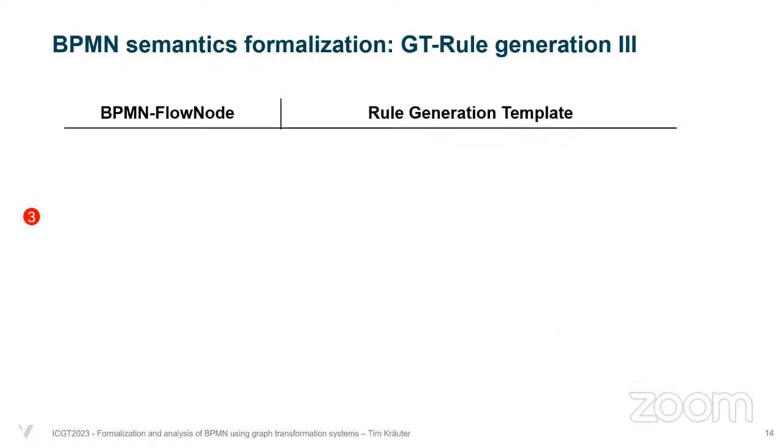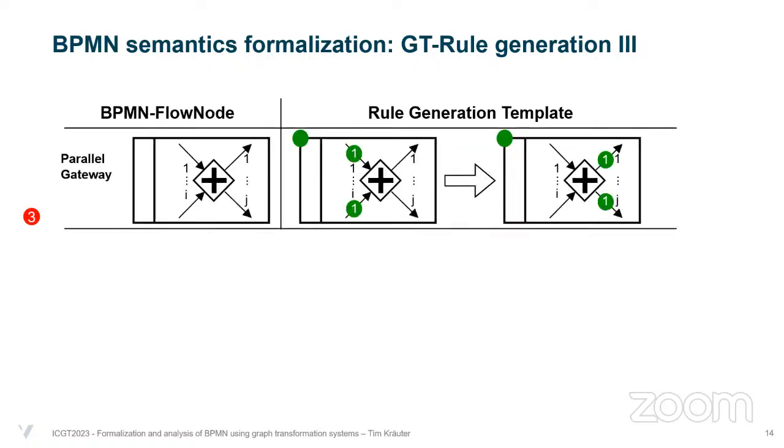Yeah. And then the last one I wanted to show you is the gateway. The parallel gateway is basically synchronizing all the incoming flows and parallelizing all the outgoing flows. Here we have one token on each incoming sequence flow, and we generate one rule again, and we expect one token on each incoming sequence flow.